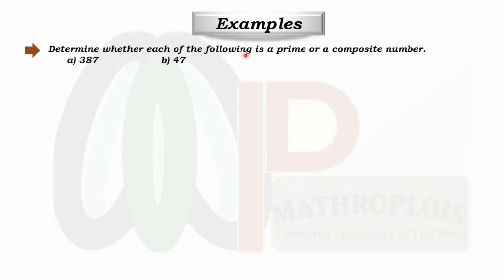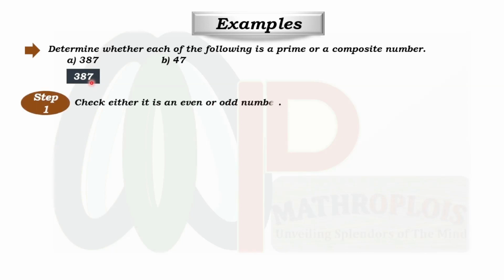Determine whether each of the following is a prime or a composite number. The first number is 387, and the other number is 47. Let us determine whether the first number, 387, is a prime number or a composite number.